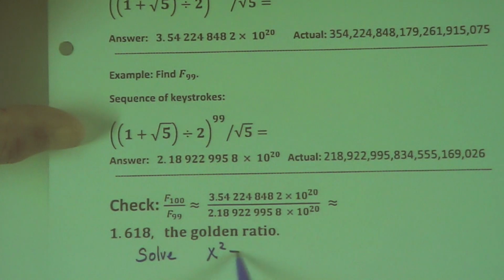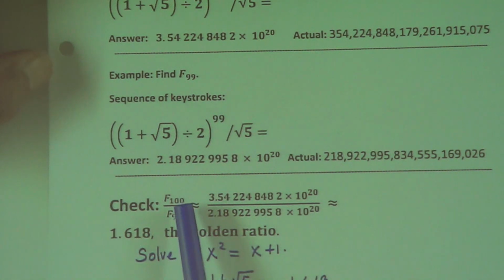X squared is equal to x plus 1. One of the solutions was 1 plus square root of 5 all over 2. This is approximately 1.618.